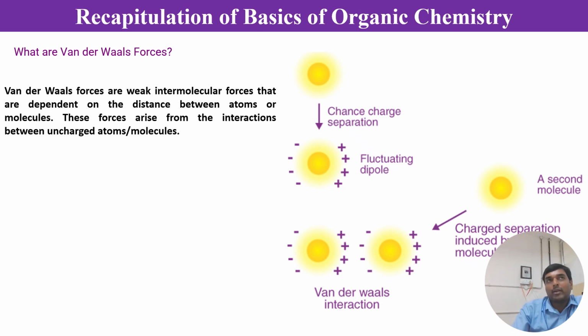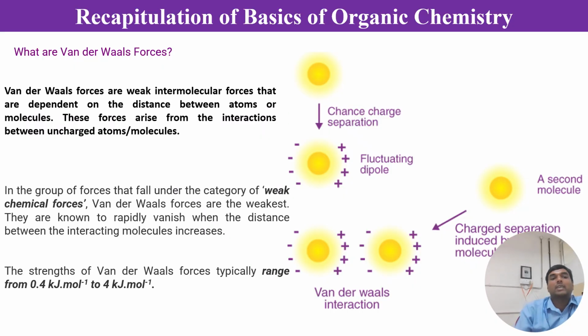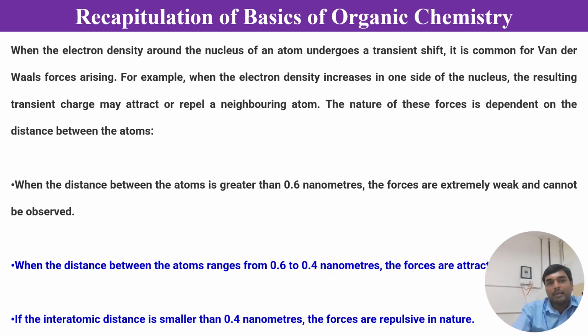When two atoms become closer to each other, at a distance of 0.4 to 0.6 angstrom they attract, and when two atoms are very close, below 0.4 angstrom, they will repel each other. And when it goes beyond 0.6 angstrom, they will again attract each other. So both attractive and repulsive forces are responsible for van der Waals forces.